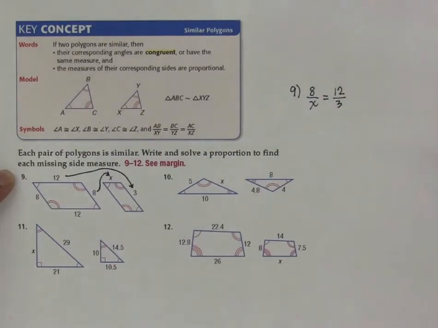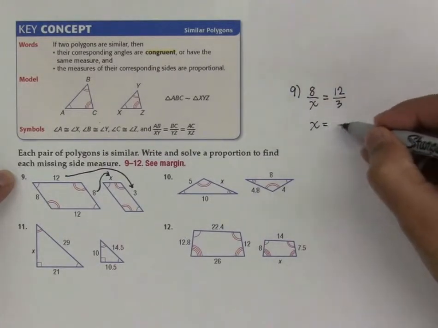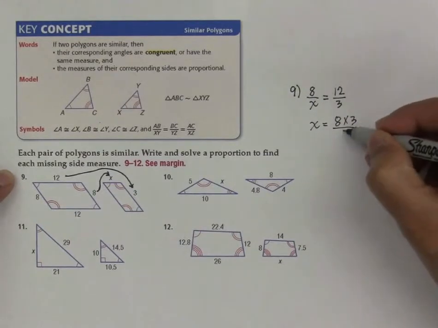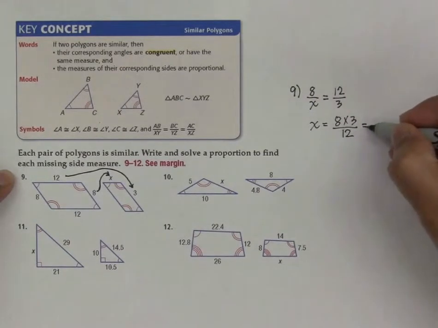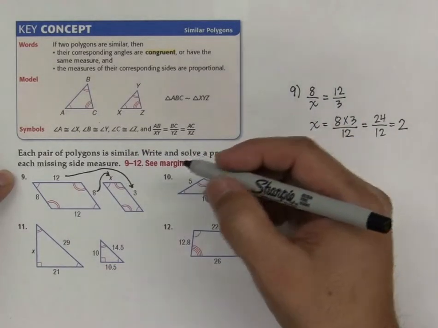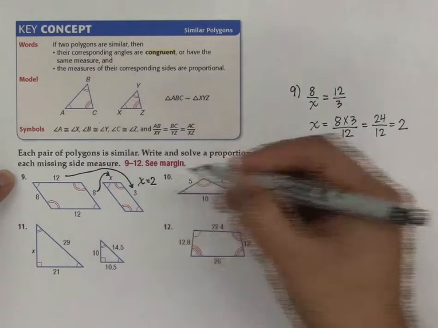We have a regular proportion now right there, so we know that x is 8 times 3 divided by 12. 8 times 3 is 24 divided by 12 is 2. So we have that this side x is 2.